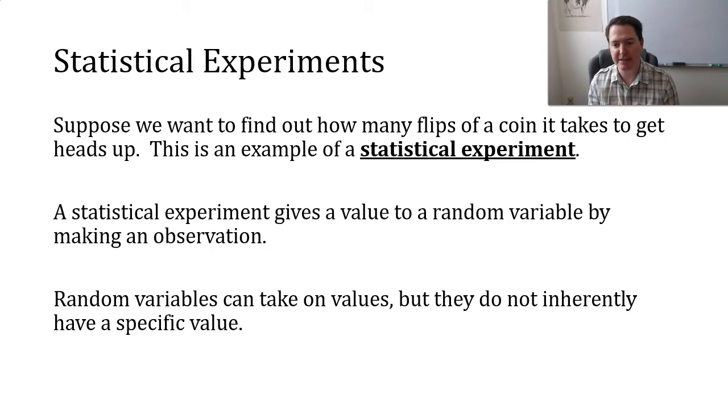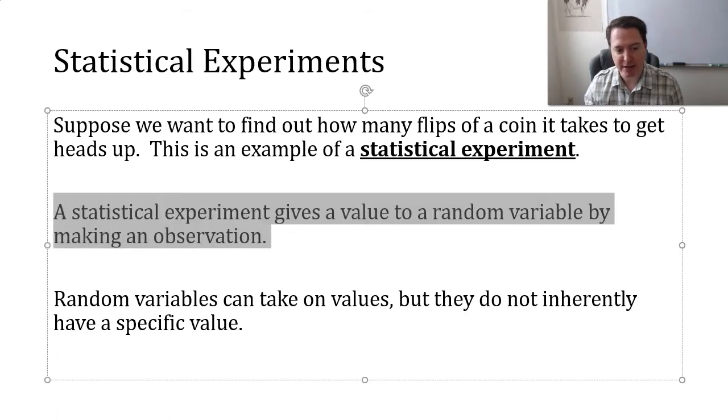And let's add on one more word that we maybe didn't talk about before, which is called a statistical experiment. This is the key. A statistical experiment gives a value to a random variable by making an observation. Okay? So this is not necessarily something we need to think of like in chemistry class or physics where we literally do an experiment in a lab or something like that.